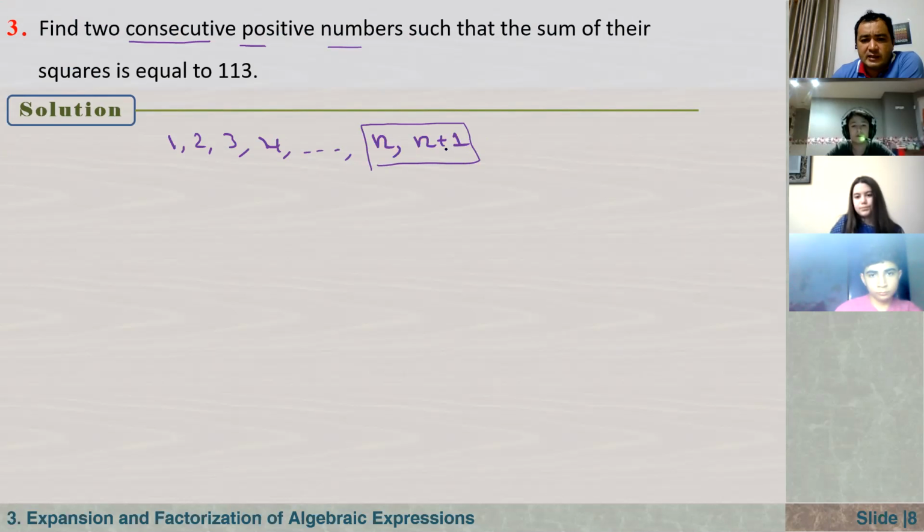I mean, this n is followed by n plus 1, right? So it says that the sum of their squares, these are the squares, and that is the square of the second number, and the sum of the squares of these numbers is equal to 113, right? So that's the question.